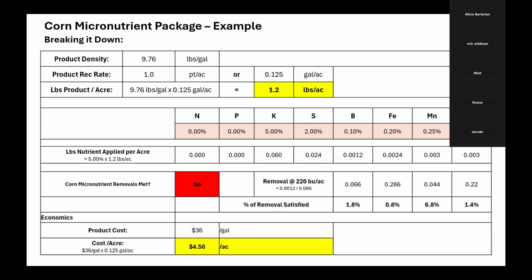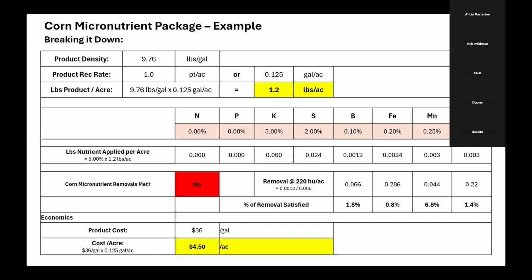If you walk across there for potassium, you're getting 0.060 pounds of nutrient applied per acre, sulfur 0.024, boron 0.0012, and so forth.